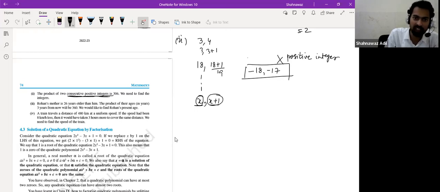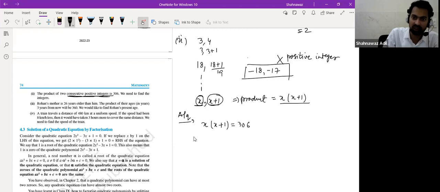Right, Talha? In the question, they are writing about the product. The product would be x into x plus 1, right? From the question, they are saying that the product of these numbers is 306.